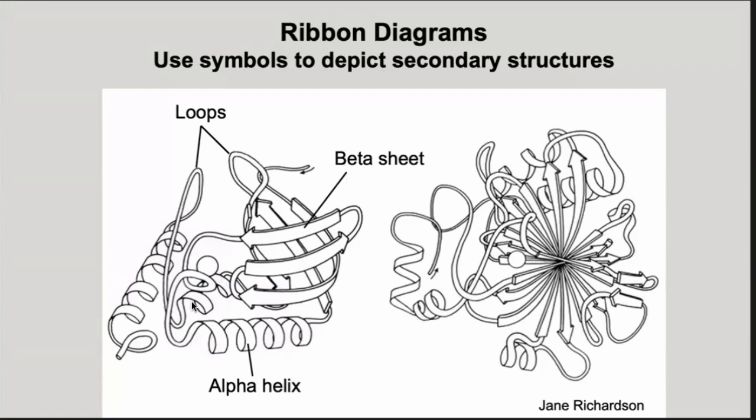The beta sheets are represented as flat planes, sometimes with arrowheads on them. And the arrowheads are actually pointing in the direction from the N terminus towards the C terminus. So pointing from the beginning towards the end of the protein. And so if you look closely here, you'll see that there's one arrow that comes around this way, and then there's a little loop.